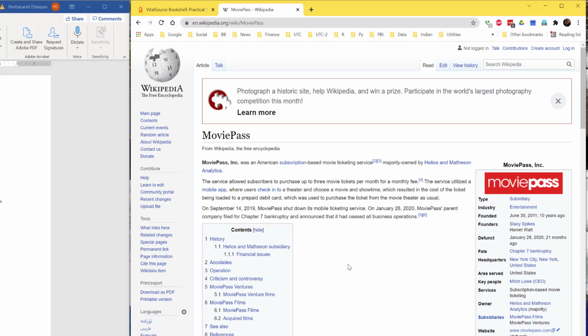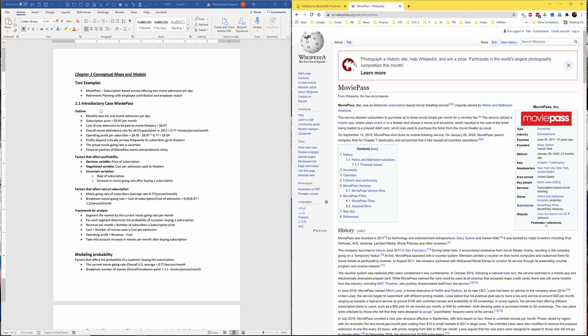Then, long story short, they couldn't manage the cash flow problems, and they ended up with bankruptcy.